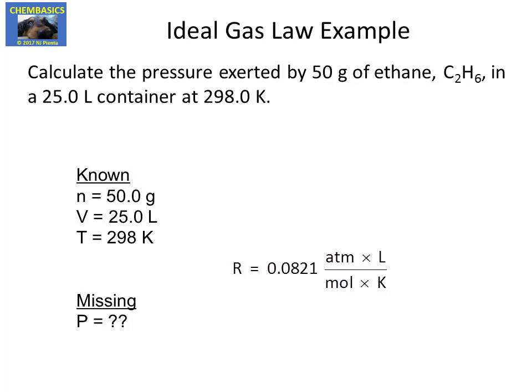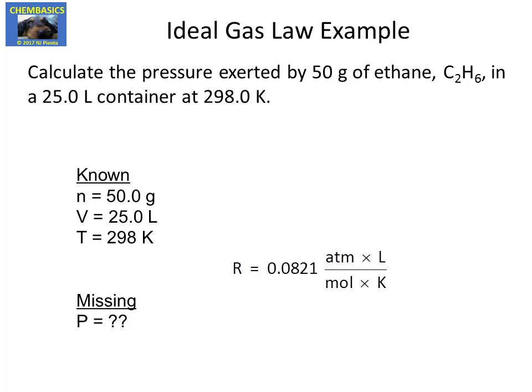The volume is 25 liters, the temperature is 298, and the R value, again, is given in atmosphere liters per mole degree Kelvin. So the strategy here is that we have to figure out how to convert from 50 grams of ethane, formula given, to number of moles. And that's very easy.